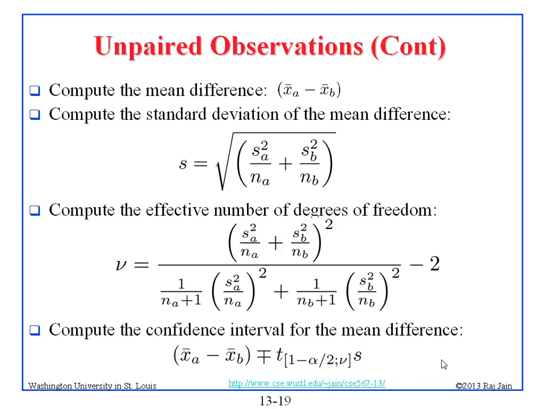Standard deviation of the difference is this. And the number of degrees of freedom is even more complicated, but basically, the degrees of freedom has this formula. And so if you can calculate both S and nu, then you can use the T formula as before to compute the confidence interval.